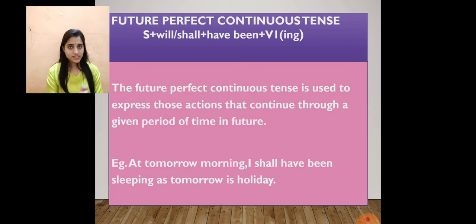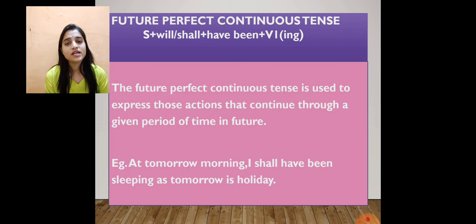If we make the comparative study between the three types of perfect continuous tense, so like I will have been, I will have been completing 7 years.